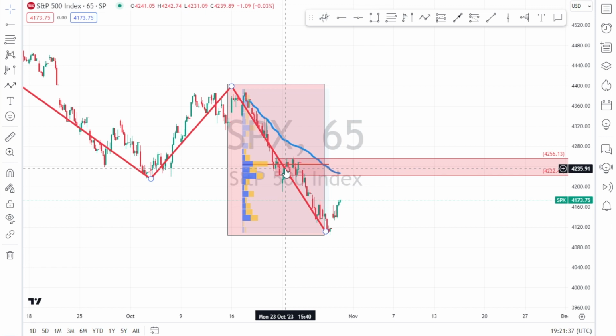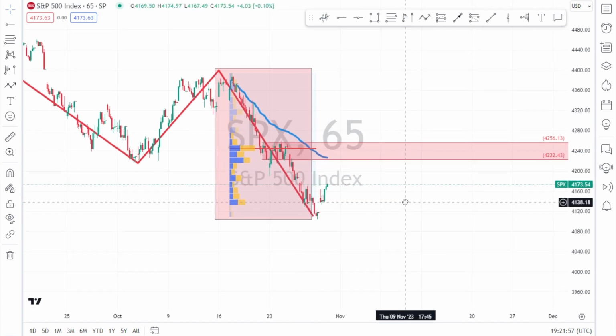And this is what's called the point of control. The red line right there is called a point of control. It's like the peak in a bell curve, like the mean, like where most of the trades actually went off. And we can see there's some pretty good volume below it, but that's the high point. So we see the point of control, and we also see the VWAP, all telling us that this is probably a pretty good zone right here.